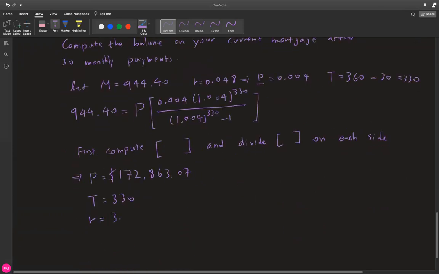So 3.9% is 0.039. And by finding the monthly interest, that's going to be 0.039 divided by 12, and that is 0.00325.